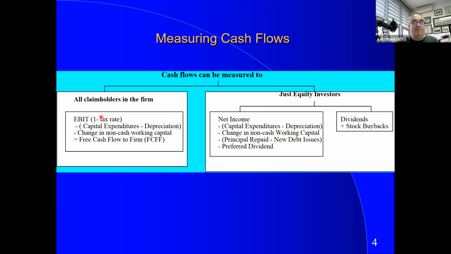So this time, rather than EBIT, we start out with net income, which is the profit that belongs to the equity holders. From that, we deduct net capex again. We deduct the change in non-cash working capital, so the long-term and short-term investments that are needed to allow the company to continue to grow. But here, notice this line: principal repaid, new debt issues.